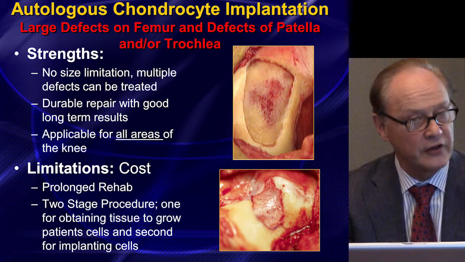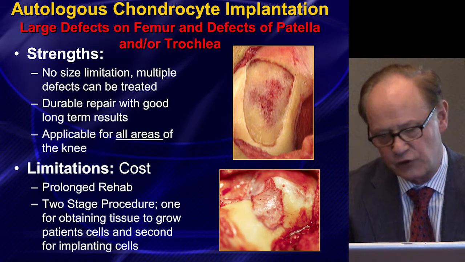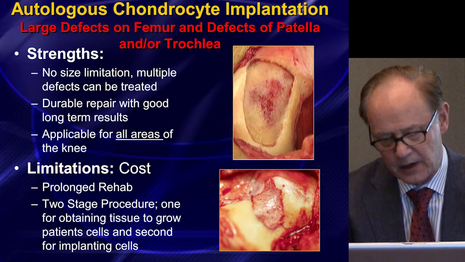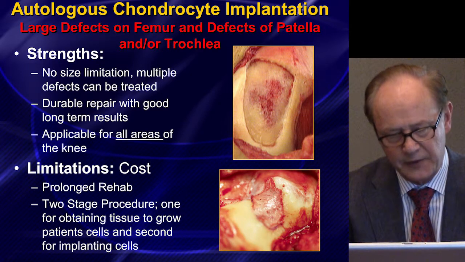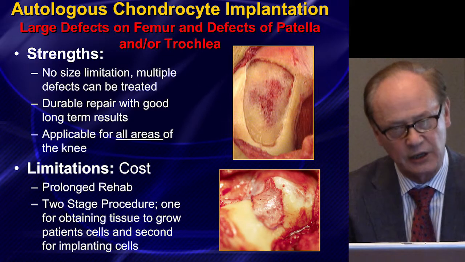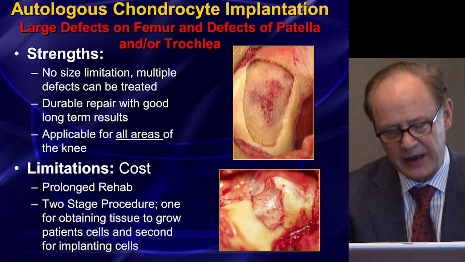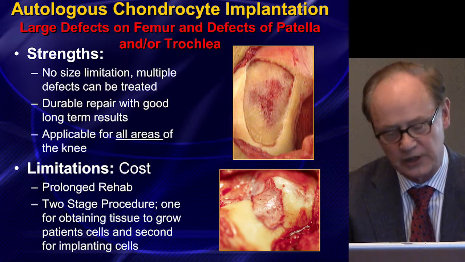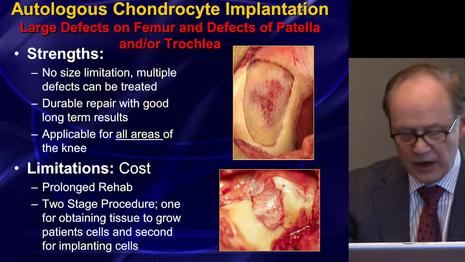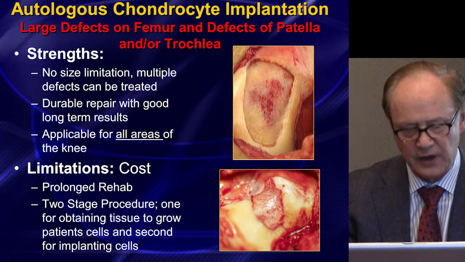Its limitation is that it does have a high cost. Most insurance programs have a plan for this that includes certain inclusion criteria and allow it to happen. And it can be an excellent option for patients who have large chondral or articular cartilage lesions inside the knee.